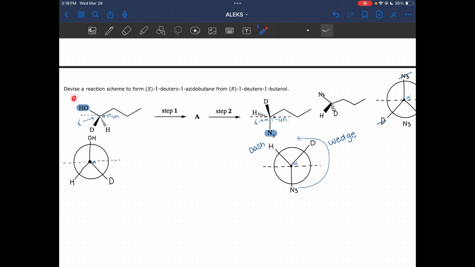So between this starting material and this final product, because these switched, I know an inversion must have happened. So I am going to take note about this. So I'll say inversion overall.